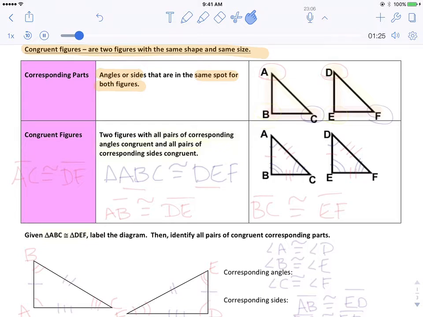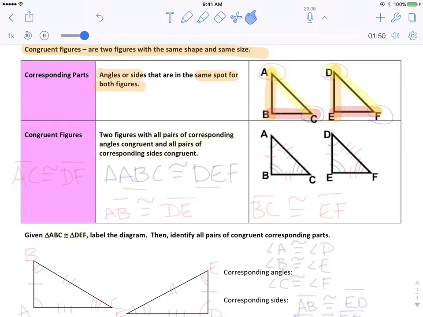For example, if we know that the line segment AB, it would be congruent to DE because those would be the corresponding parts of that triangle. BC would be congruent to EF because they correspond. And then AC would be congruent to DF because those are the parts that correspond.